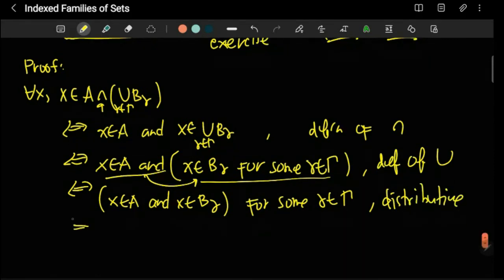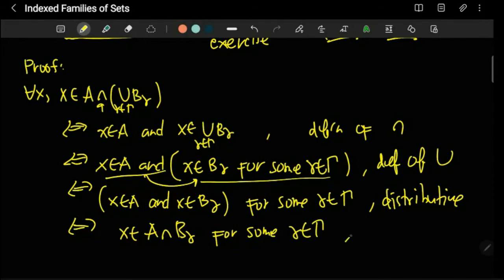But inside the statement, we have x is in A and x is in B sub gamma, which means x is in the intersection for some gamma in the indexing set. That's the definition of intersection.